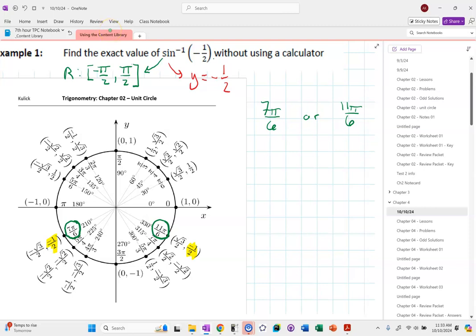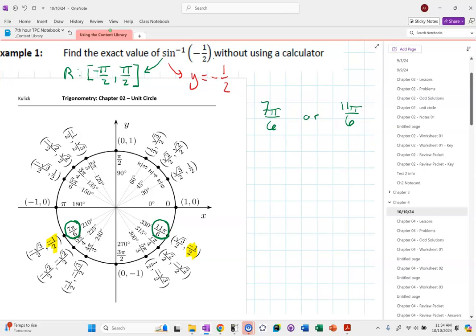If I look at 7 over 6, is that in between negative 1/2 and positive 1/2? No, right? Is it too big or too small? That's too big, right? 7/6 is bigger than 1/2. And I would do the same thing with 11/6. Is that in between negative 1/2 and positive 1/2? No, it's also too big. So neither of these answers land inside of that acceptable range of values.